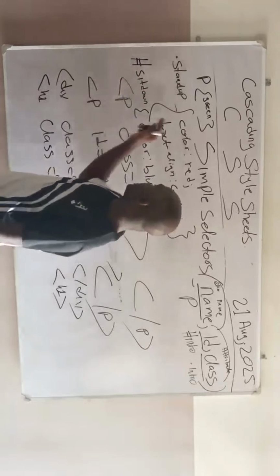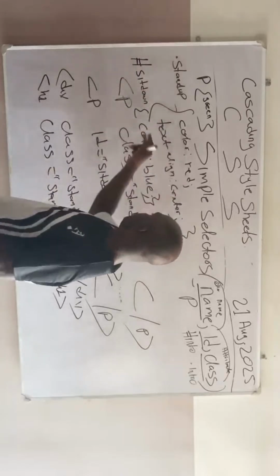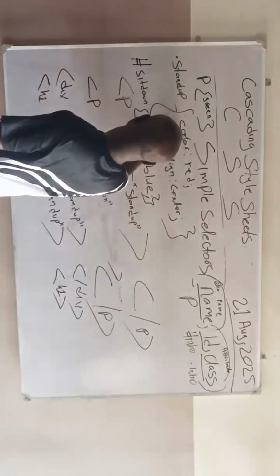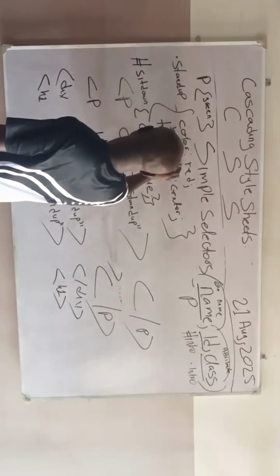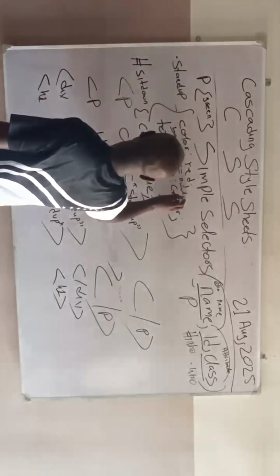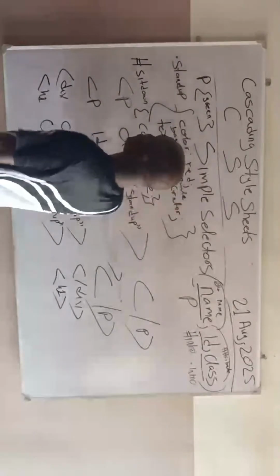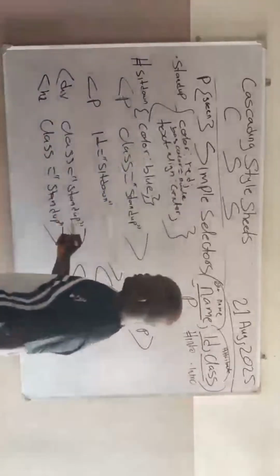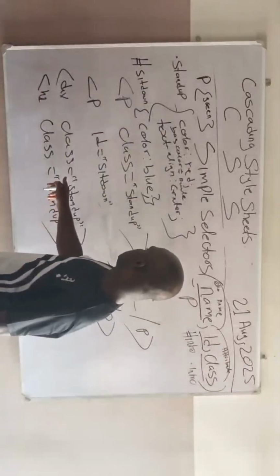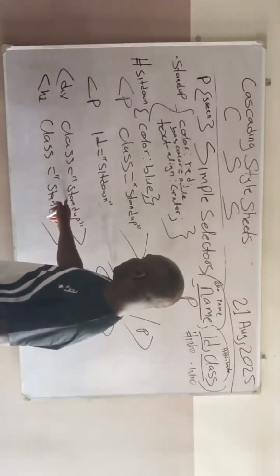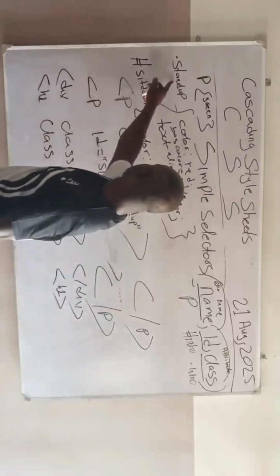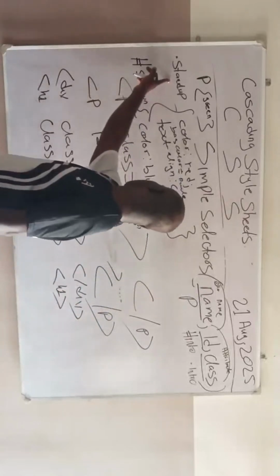Except where there's a declaration here, like say, if you are stand up, background color equals purple. Purple. That's what I wrote, right? Now, I can come here and say, since these two are in the same class, this one is stand up, this one is stand up, and the background color is purple.